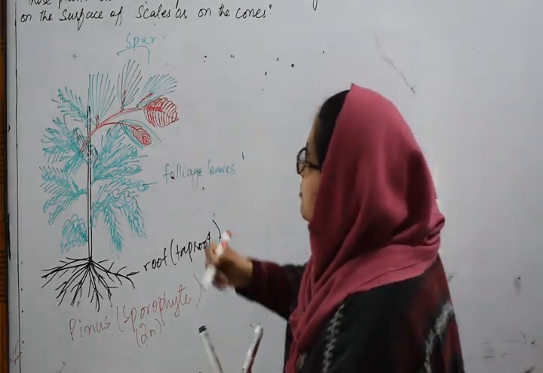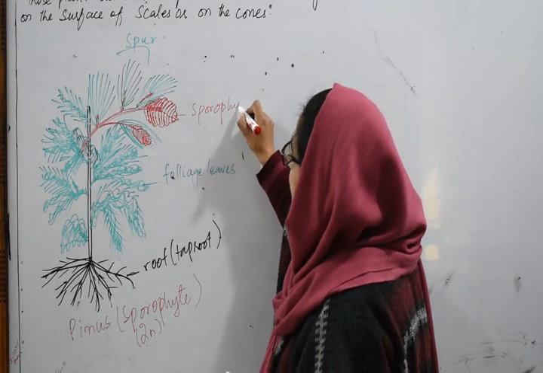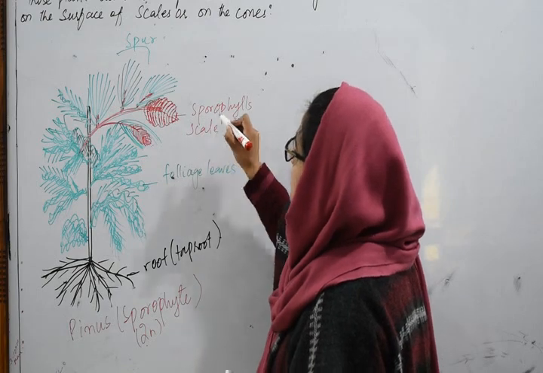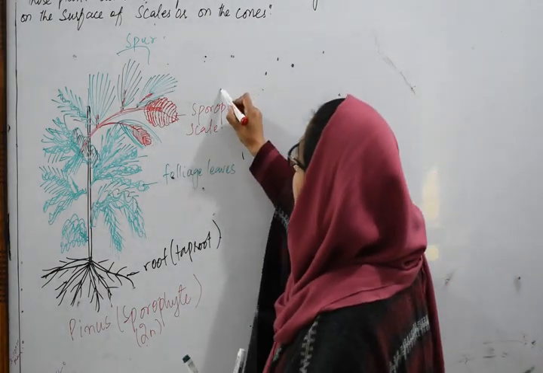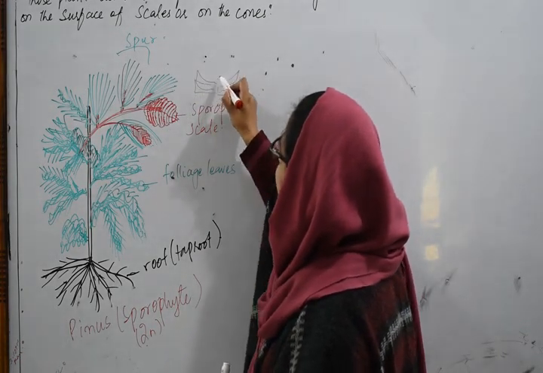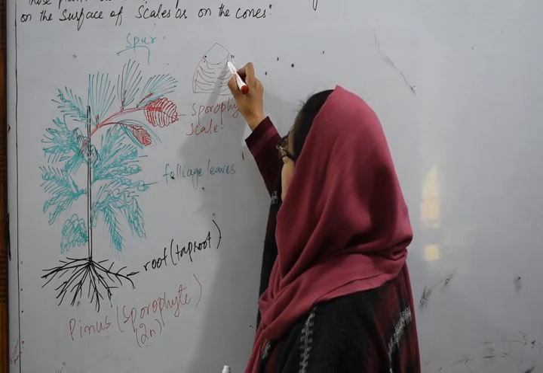Then we have these brown leaves, which are called sporophylls or scale leaves. Sporophylls are scale leaves which make the cones, and you can see here that these sporophyll leaves group together to form a cone-like structure.